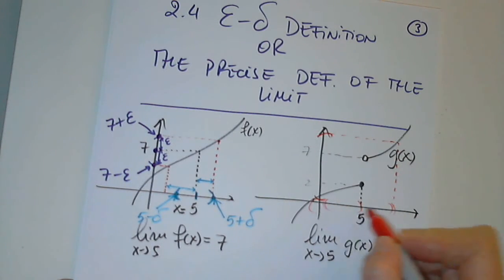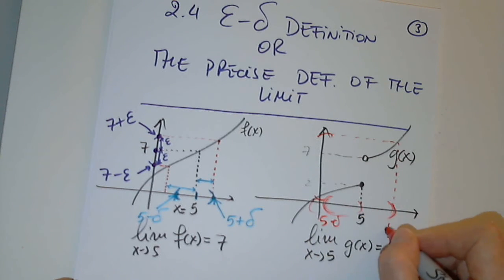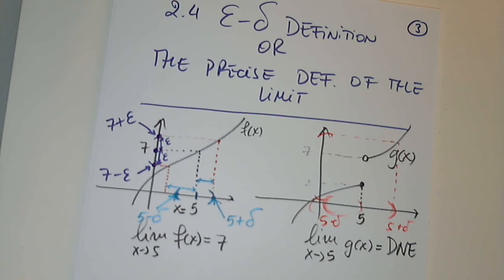I'm going to find a symmetric left and right. So I found 5 minus delta and 5 plus delta. I claim that the limit exists. I was able to find a delta. But the trick is, for every epsilon, not for one particular one that I can choose to be as large as possible to show that I can find a delta.